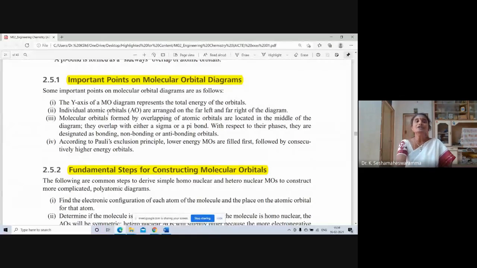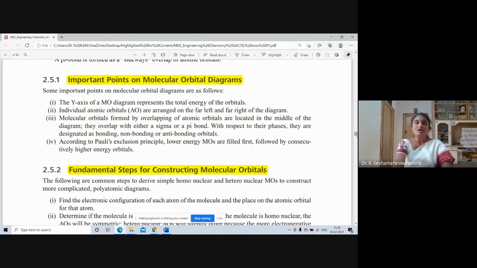Individual atomic orbitals are arranged on the far left and far right of the diagram. Molecular orbitals formed by overlapping of atomic orbitals are located in the middle of the diagram. They overlap with either a sigma or pi bond with respect to their faces. They are designated as bonding, non-bonding, or anti-bonding orbitals.